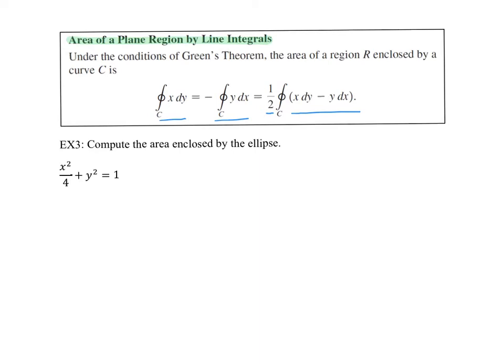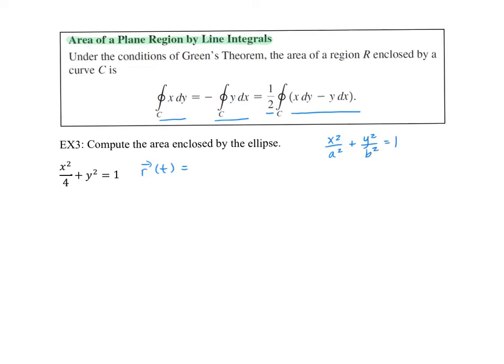We're going to try that here in this next example, example 3. We're going to compute the area enclosed by this ellipse. So the first thing I want to do is I want to go ahead and represent this ellipse in terms of a curve R. Now just looking at the form, under the x squared we have an a squared, underneath the y squared we have a b squared, and that's equal to 1.